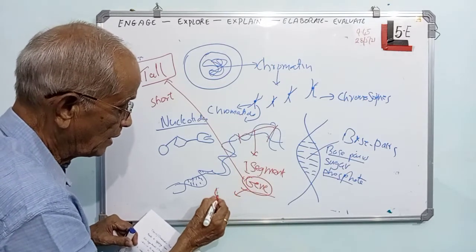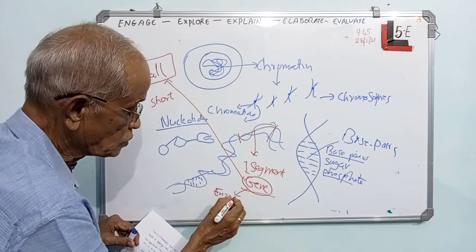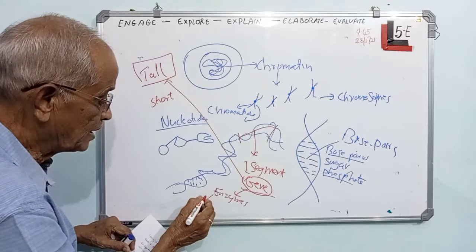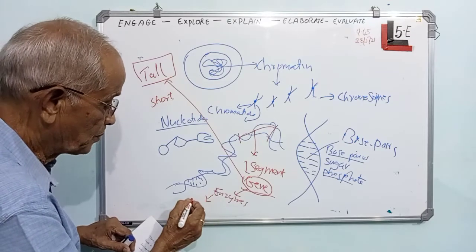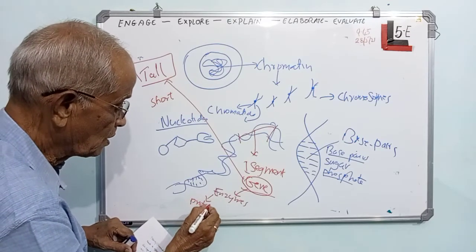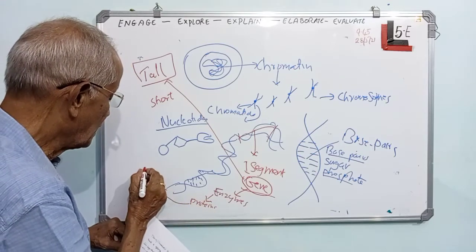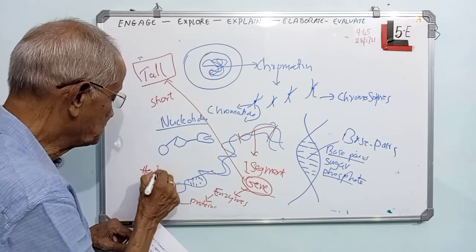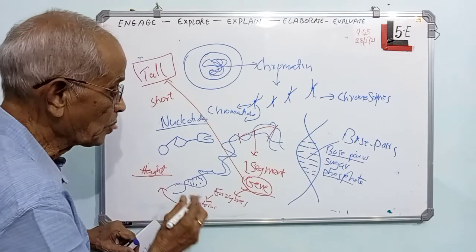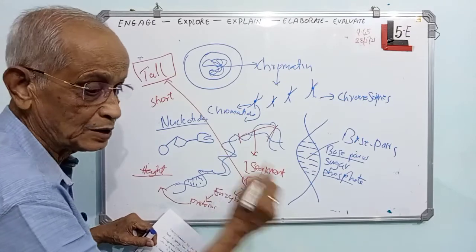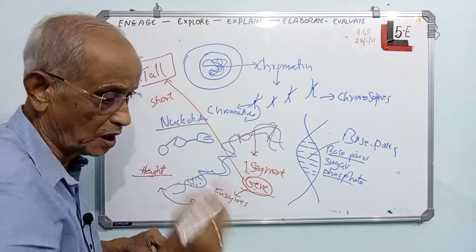induce enzymes in an organism in this plant, and these enzymes will produce proteins, and these proteins will be responsible for the height of the plant. That means we can say today that the gene expression or gene control is responsible for tallness.